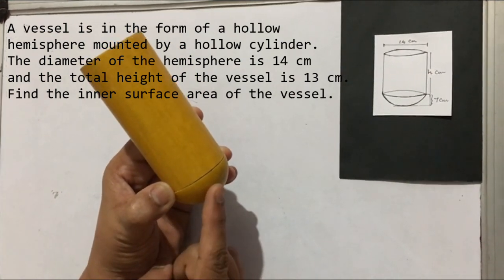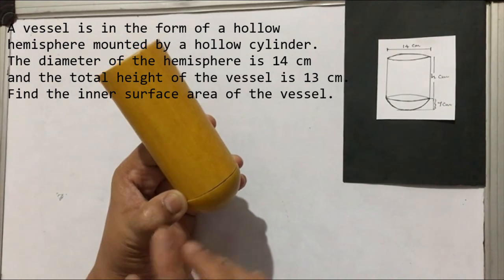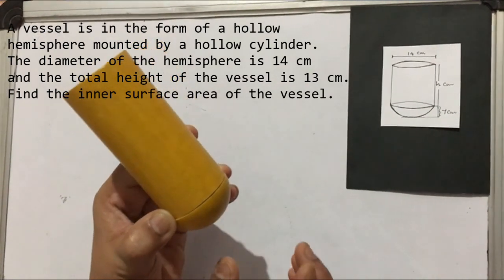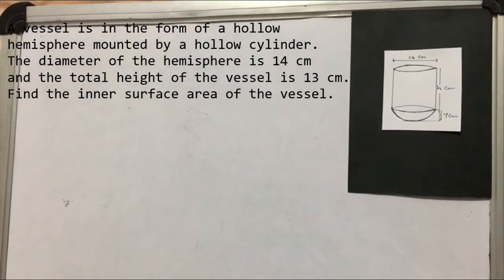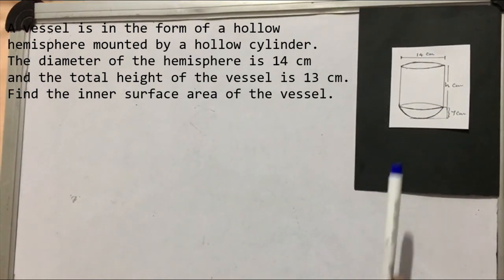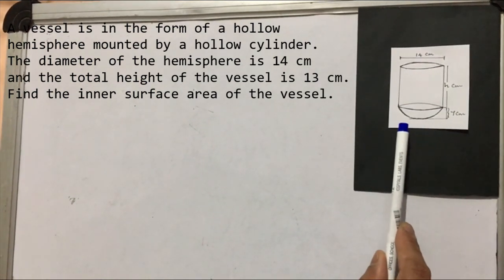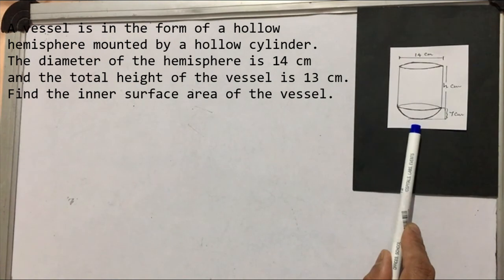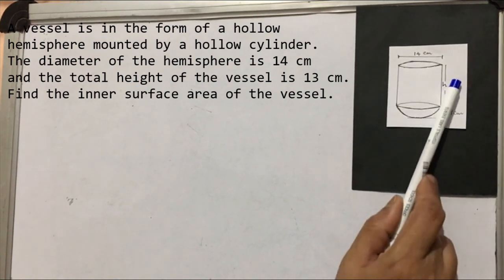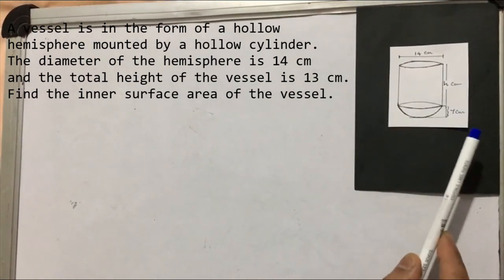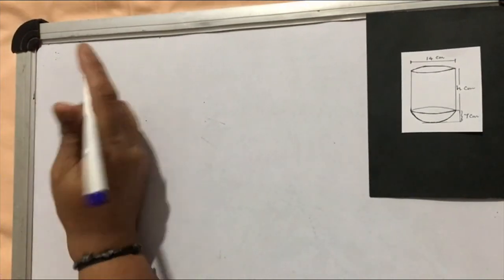We have to find out the total inner surface area of the vessel. Now, let us find out how it comes. It is given that the diameter of the vessel is 14 centimeters and the total height of the vessel is 13 centimeters. So, let us write it.